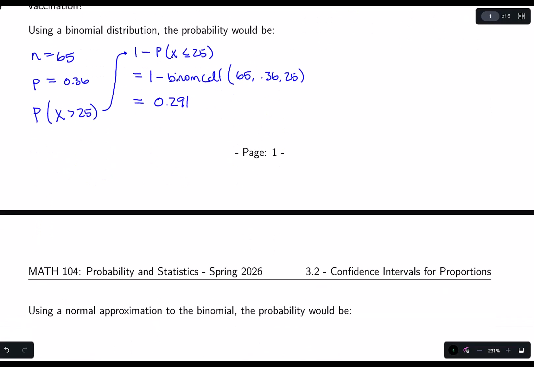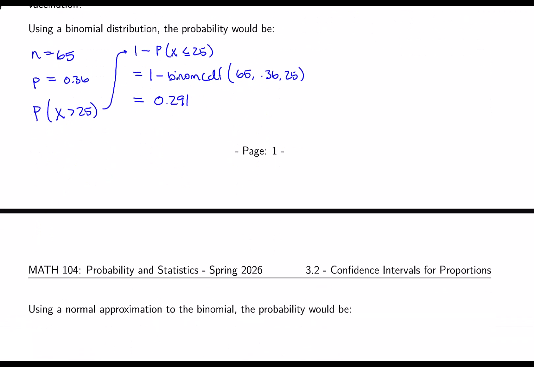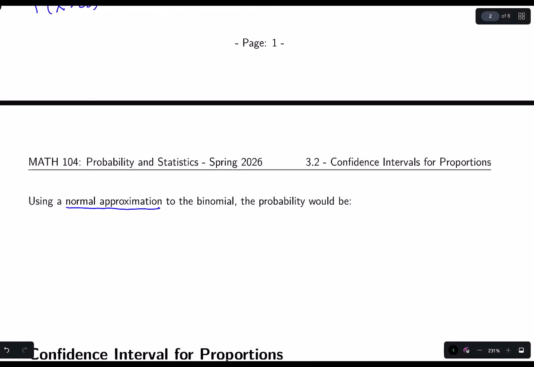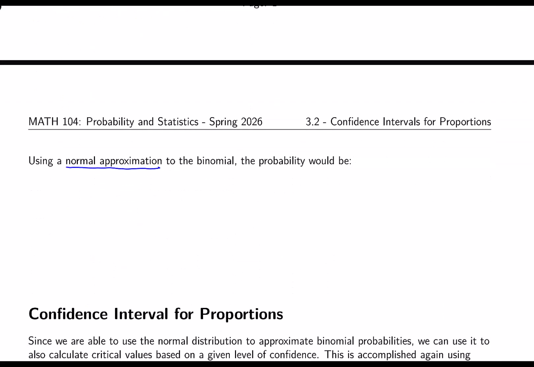Okay. Now, if I do the same thing, but using a normal approximation, here's what I would do. So I'm working on now a normally distributed set of data. For every normal distribution, I'm going to need a mean and a standard deviation.